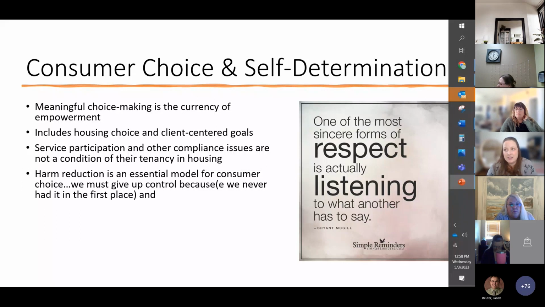How are we living and breathing harm reduction? Because it's not an intervention that you just pull out of your backpack when you're going into a visit and open up and say, okay, I'm doing harm reduction now. It's not like that at all. It's breathing it, it's living it. It is just honoring that person's right to make choices and helping them figure out what is the best choice for them.